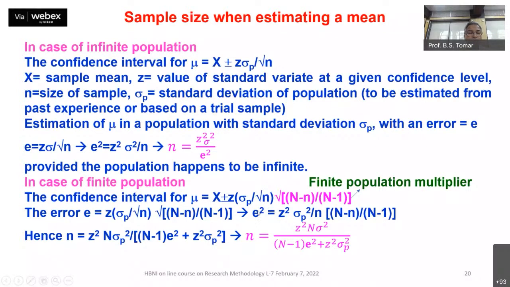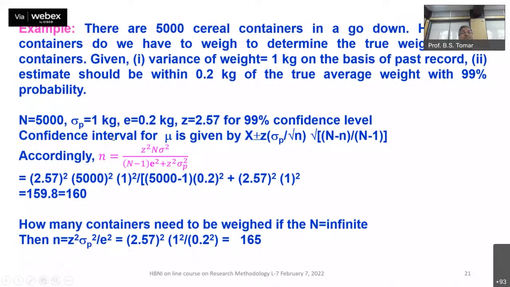You can transform this to E square equal to Z square sigma square by n into this factor, and rearrange it in terms of small n. Sample size n equals Z square N sigma square upon (N minus 1) E square plus Z square sigma square. So if you want to deduce the mean from the sample mean within a certain error, you use this sample size. That is how you can calculate the sample size.